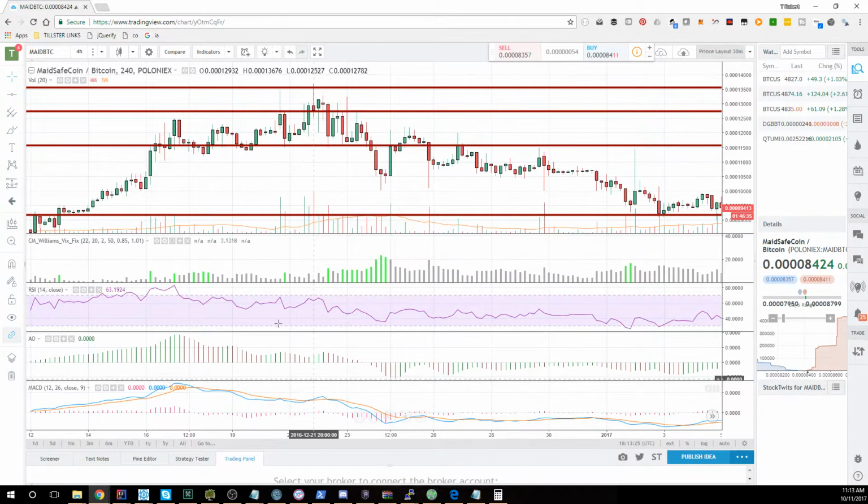Okay, the MACD is two RSIs, a long one and a short one, a long period and a short period, and they're exponentially weighted. So the further back you go, the less importance they have.